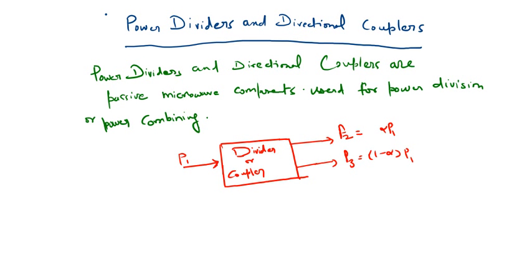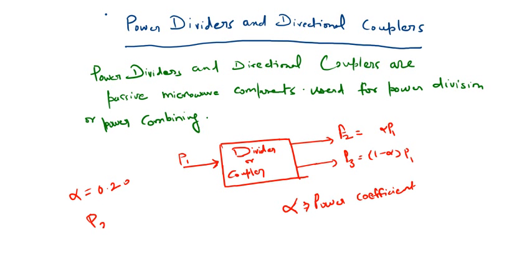Okay, so basically this is your power divider. It divides P1 into two parts, P2 and P3. Alpha is basically the power coefficient. Suppose alpha is 0.20.